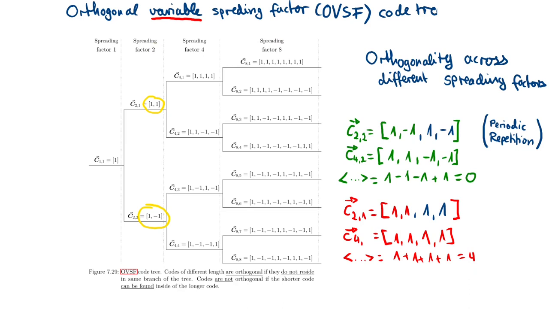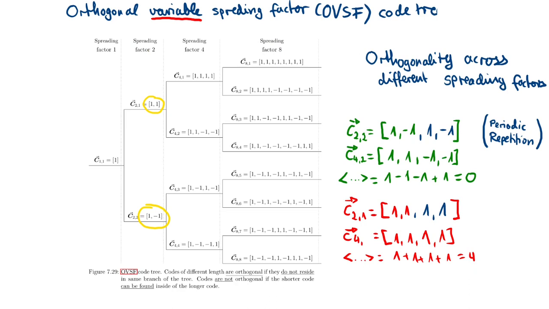You know that your spreading factor is the ratio between the chip rate and the data rate, and in a CDMA system, in the synchronous case, we need to keep the chip rate constant. So the parameter which must be changed is the data rate. So a spreading factor of 2 gives a higher data rate than a spreading factor of 8.